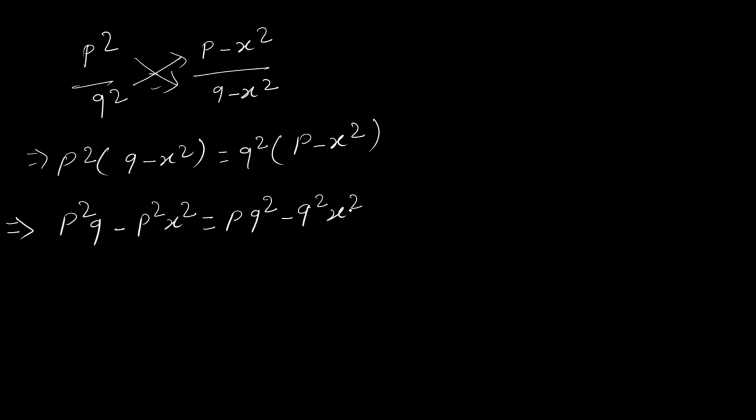So p square q and p square x square, here p q square minus q square x square, right? Right. Now what you can do is, what we can do, sir?